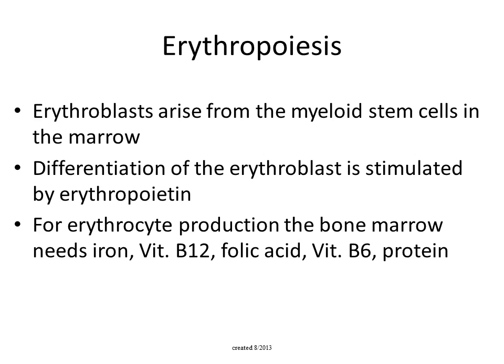Now, differentiation of the erythroblast is stimulated by erythropoietin. You remember erythropoietin. So in other words, for that erythroblast to turn into an erythrocyte, into a red blood cell, it needs to have erythropoietin, and that comes from the kidney.